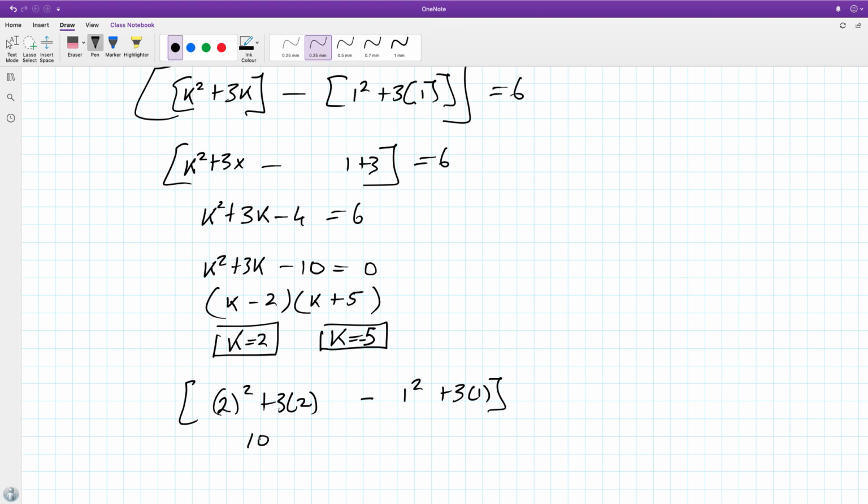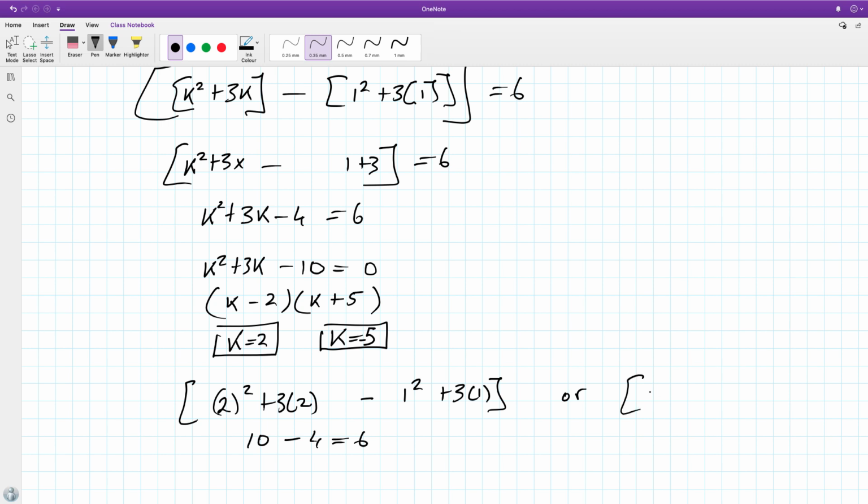Which is 10, and then 1 squared plus 3 times 1, minus 4 does give us 6.